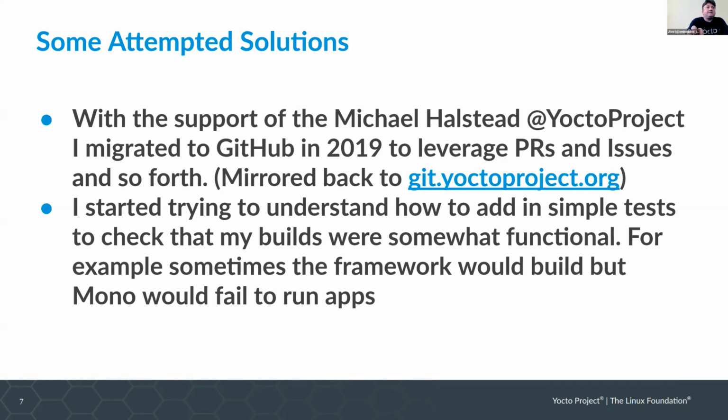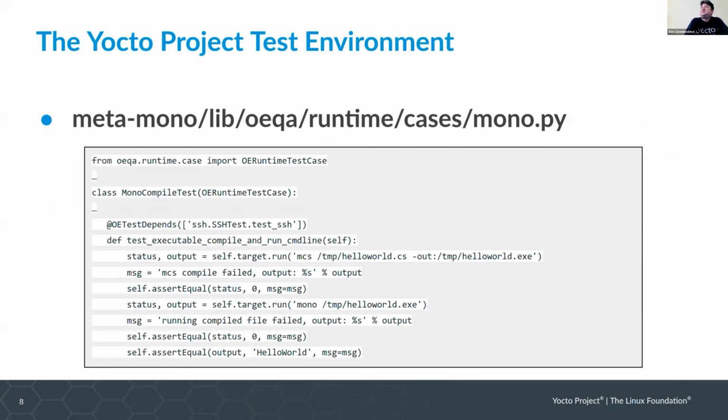As ever, Yocto came to the rescue, and I discovered the Yocto Project test framework, which, as I'm sure a lot of you know, is a lovely little setup. I can put some Python test cases inside my layer.